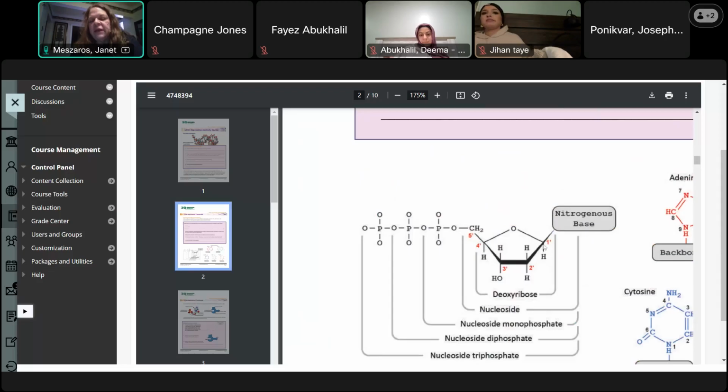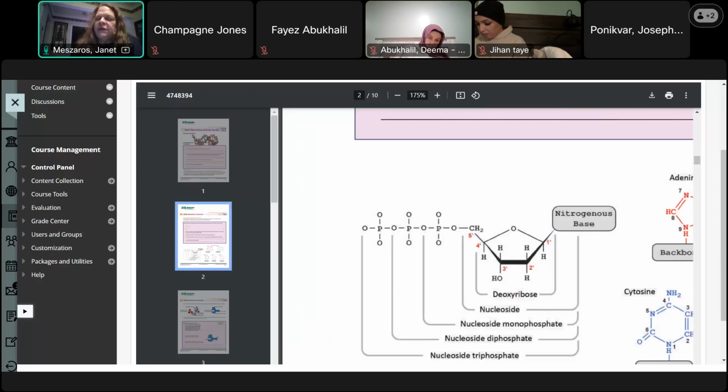So let's see how they numbered the carbons. Now this whole thing is deoxyribose. Here's the 1' carbon. Here's the 2' carbon. Here's the 3' carbon. Here's the 4' carbon. And here's the 5' carbon.